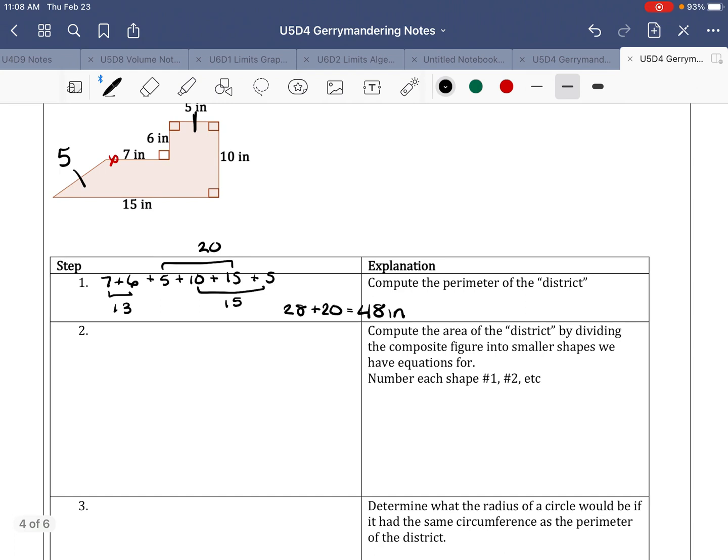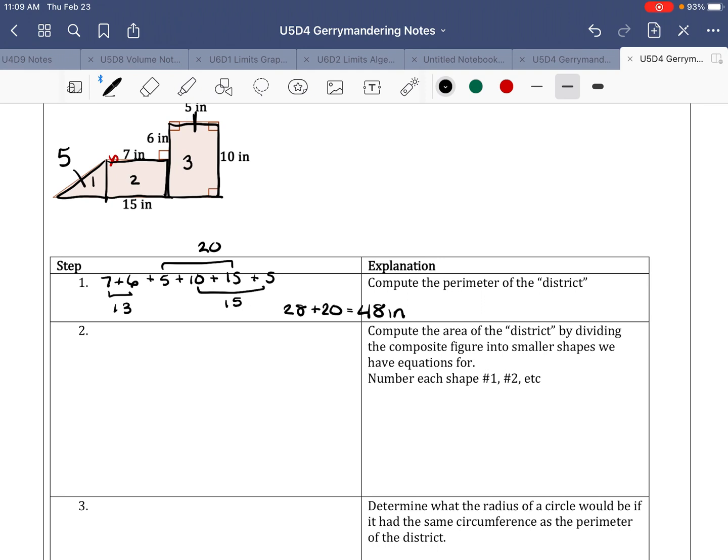Second, we want to find the area of this district. We can cut it up a couple of different ways, but I think I want to use this rectangle here, this rectangle here, and then this triangle here. So I'm going to number them 1 and 2 and 3.